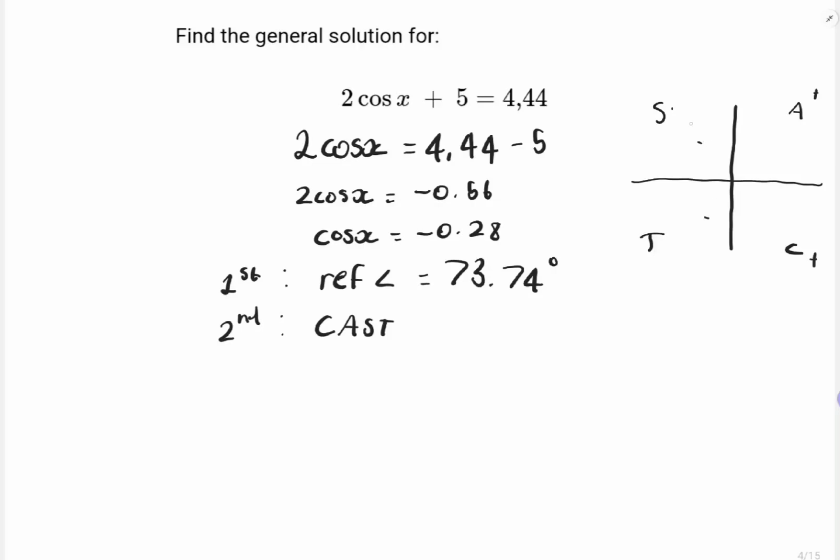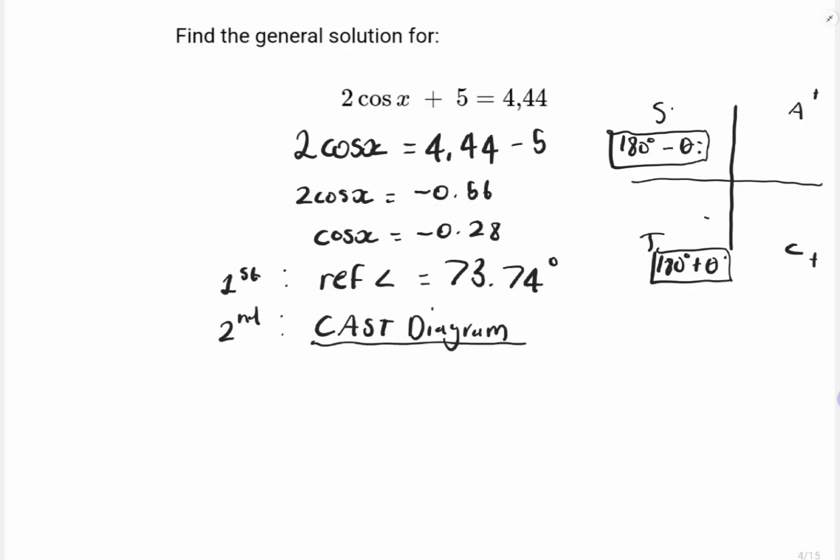Cool. And we know that for the Sine quadrant, its form is 180 degrees minus reference angle. And for the Tan quadrant, it's 180 degrees plus reference angle. So we're going to use these two expressions to get our general solution. Right. Let me just complete this by saying CAST diagram.